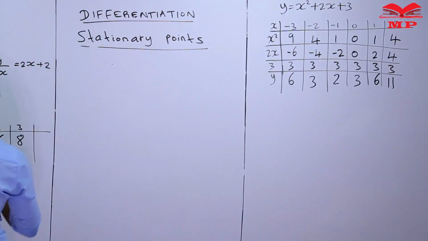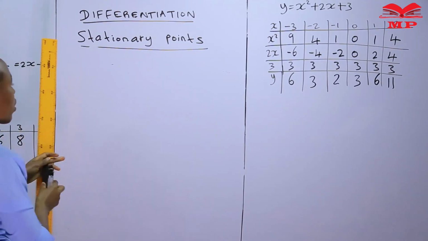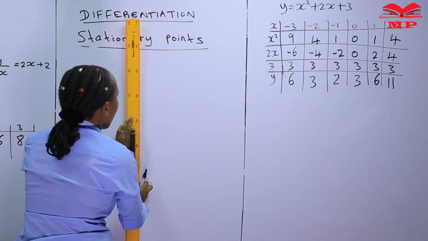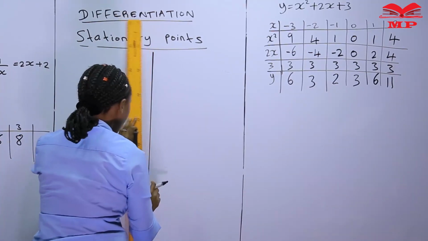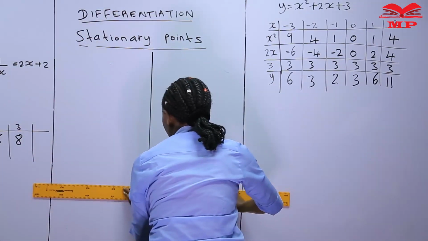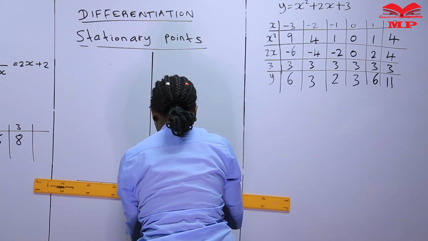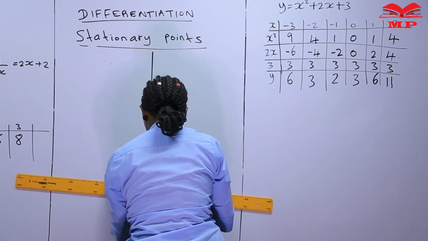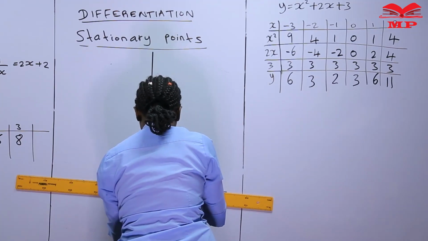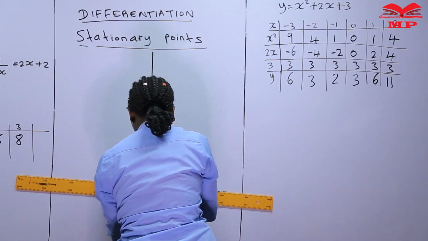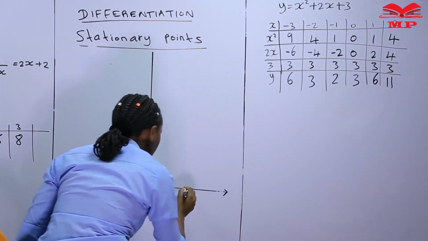So we plot that curve, x from -3 to 2, while for y we have only the positive sign. For x, we have both the positive and the negative. So here we'll have our curve. This is our x-axis.